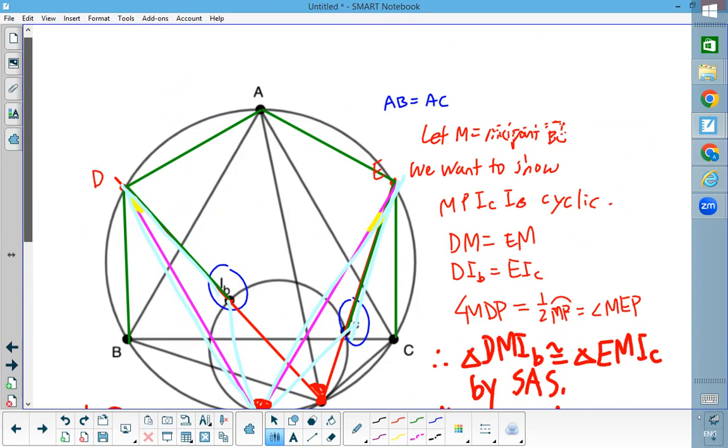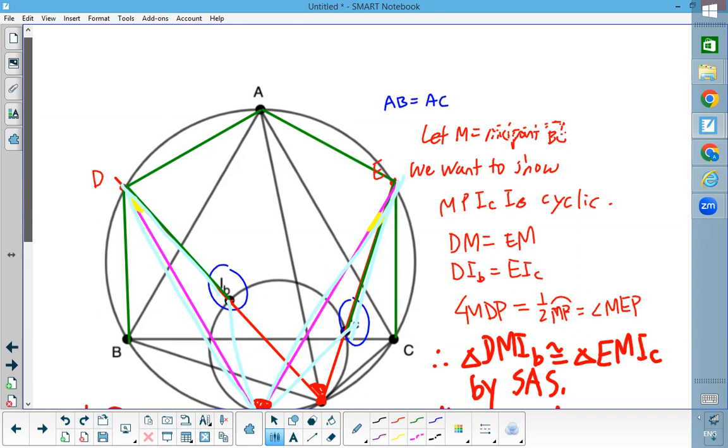Whenever we have an inscribed circle, whenever we have the incenter and a circumscribed circle, it's a very good idea to draw the angle bisector and extend it all the way to the midpoint of the arc of the circle. And then you do a lot of angle chasing and length chasing like that. And also sometimes you use the incenter-excenter lemma.